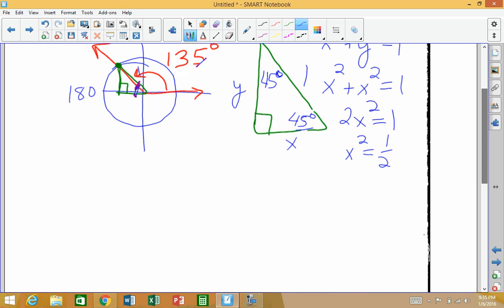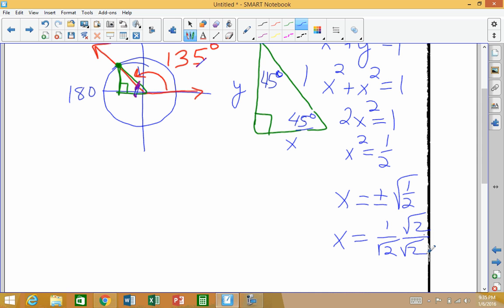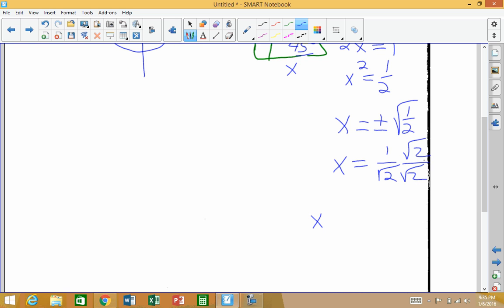Solving for x, we get x equals plus or minus the square root of 1/2, which ends up being 1 over the square root of 2. Getting rid of the radical in the denominator, we get x equals the square root of 2 over 2.